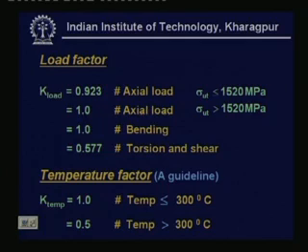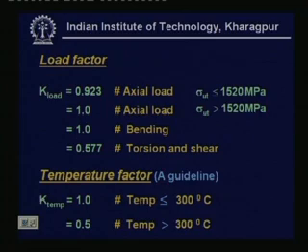So, to sum up the load factor: 0.923 or 1, depending upon whether the ultimate strength of the material is lower than 1520 megapascal or higher than 1520 megapascal.